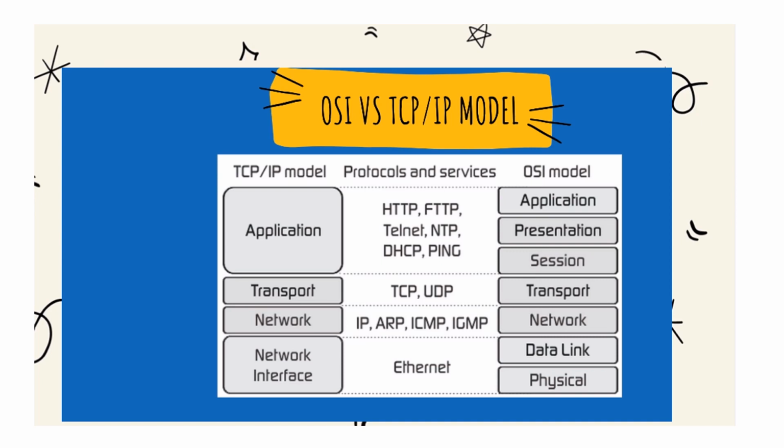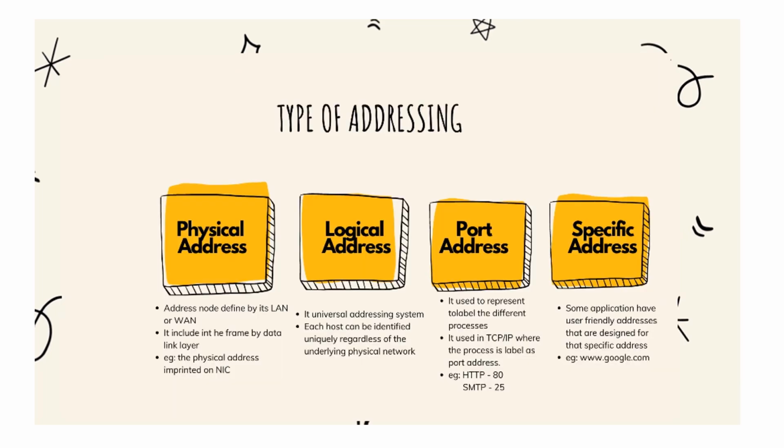And then we can see that the data link layer and the physical layer have been combined into the network interface in TCP/IP. And here it will mostly use the Ethernet protocol. Okay, that is TCP/IP.